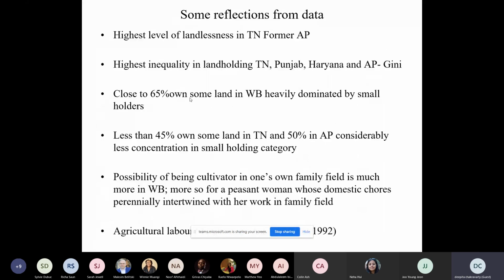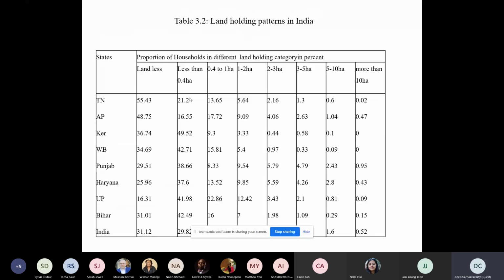Okay, all right. So the first observation that I would like to highlight is this: there's the highest level of landlessness in Tamil Nadu and former AP. Let us look at this. It is 55% in the context of Tamil Nadu and about 50% in Andhra Pradesh. Okay, I've only picked up a few states. Look at West Bengal, it is about 35%. And interestingly, look at the other Eastern Indian states, say UP, it is about 16%, Bihar, it is about 31%, and so on and so forth.